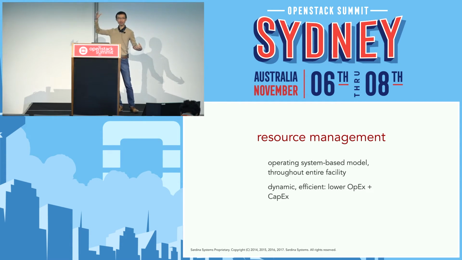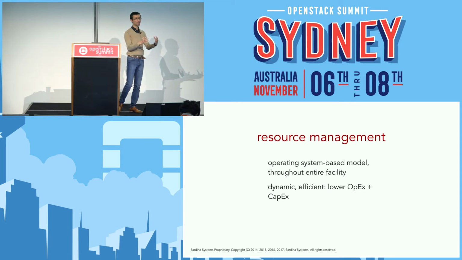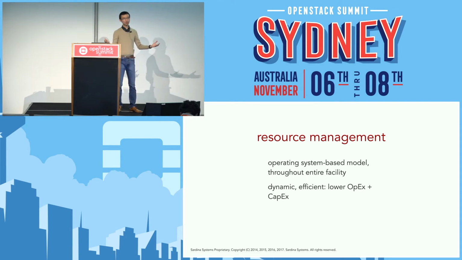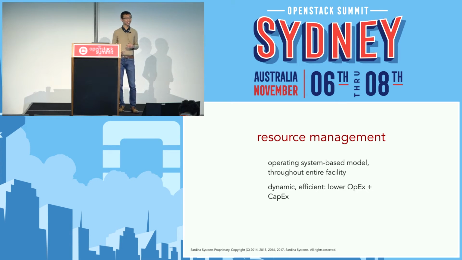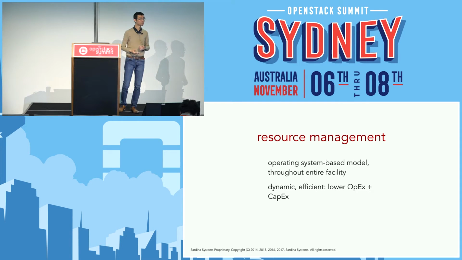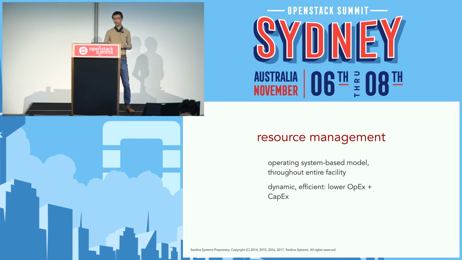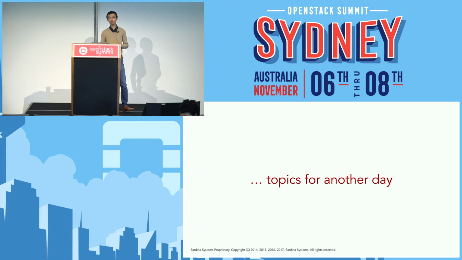When you no longer need these nodes, you shrink them down. Typical bank, some of the applications, they run for 8 hours a day, which means 2/3 of the day, you could be essentially running a glorified heater. Not a good thing. That's topics for another day.